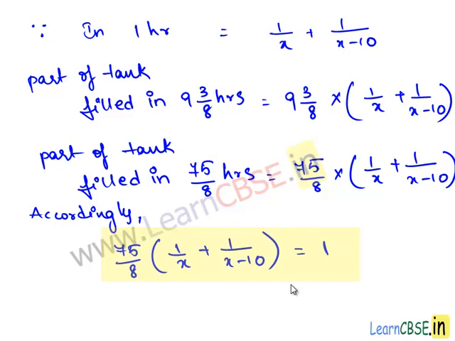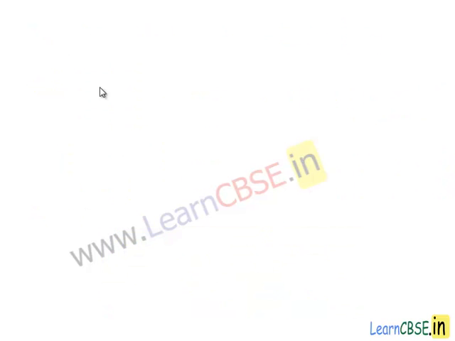So now let us simplify this equation. Let us transpose 75 by 8 into the RHS. So this implies 1 by x plus 1 by x minus 10 is equal to 8 upon 75.